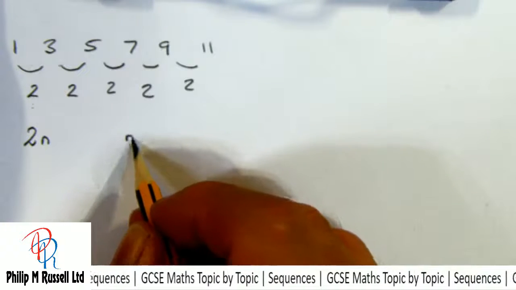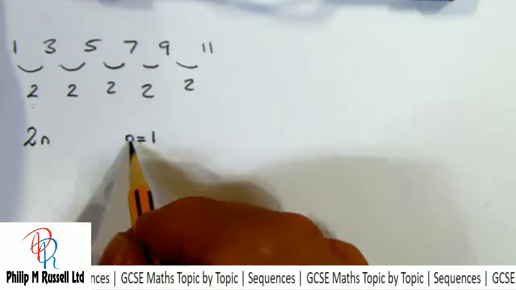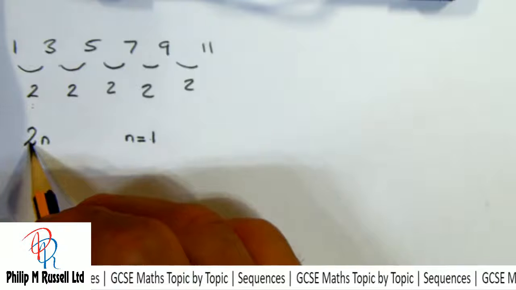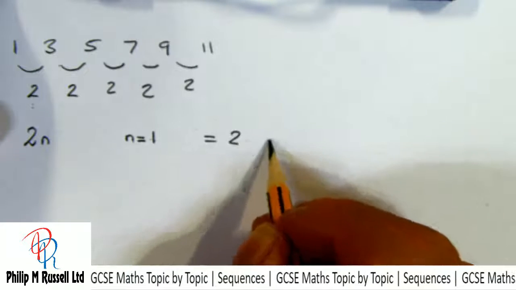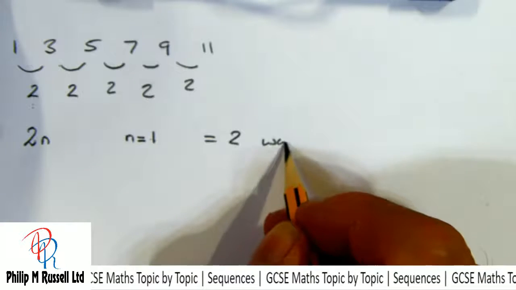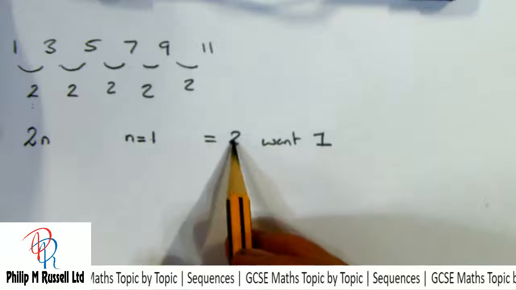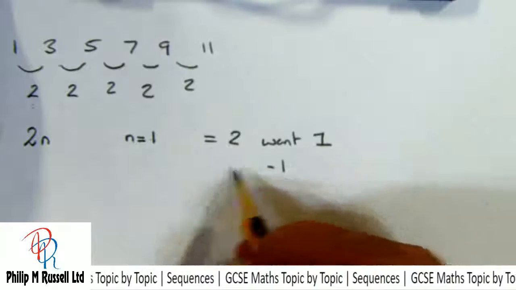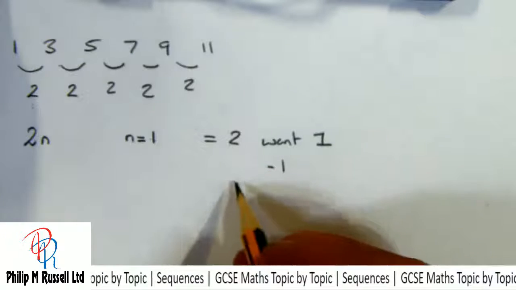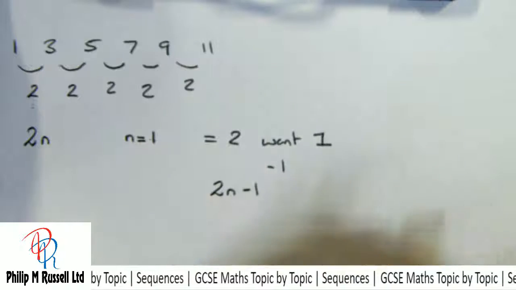We're going to set n equal to 1. So I go 1 times 2 is 2, but what I want, unfortunately, is 1. So to get from 2 to 1 we need to take away 1, and so my sequence looks like it could be 2n minus 1.